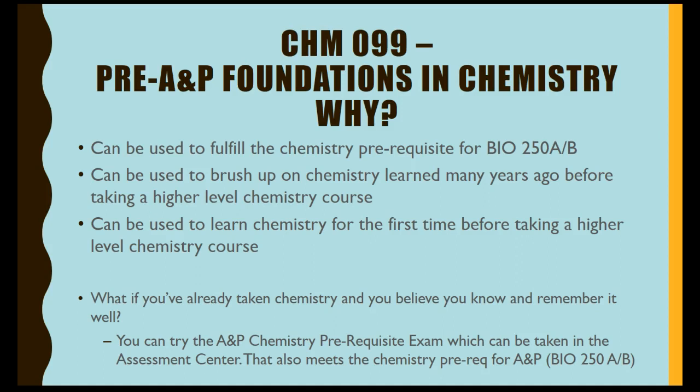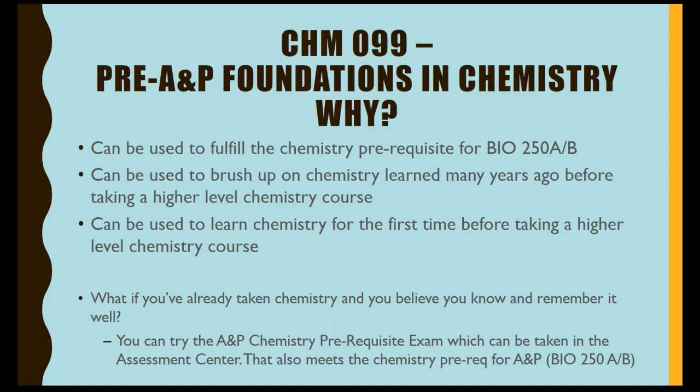Chem 099 as a course can also be used for someone who took chemistry a long time ago but needs to retake it or take a higher level chemistry course than they took last time. The nursing program has a 5-year rule on courses, so sometimes a student who is coming back to take chemistry again because they took it more than 5 years ago will choose to take Chem 099 before retaking Chem 101 or 103, just to brush up on the material if it's been a long time.